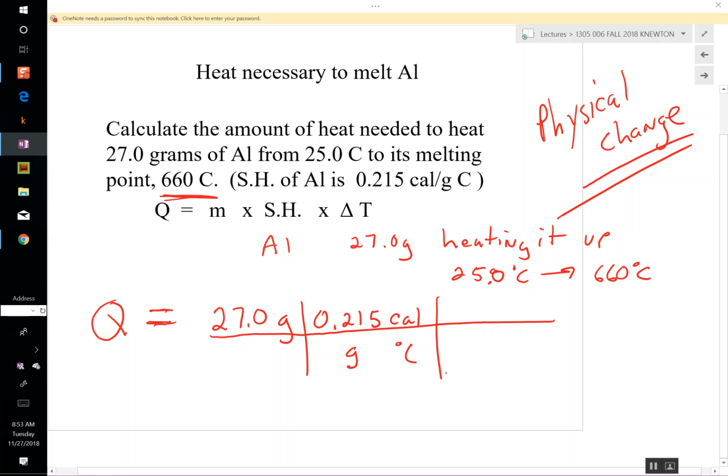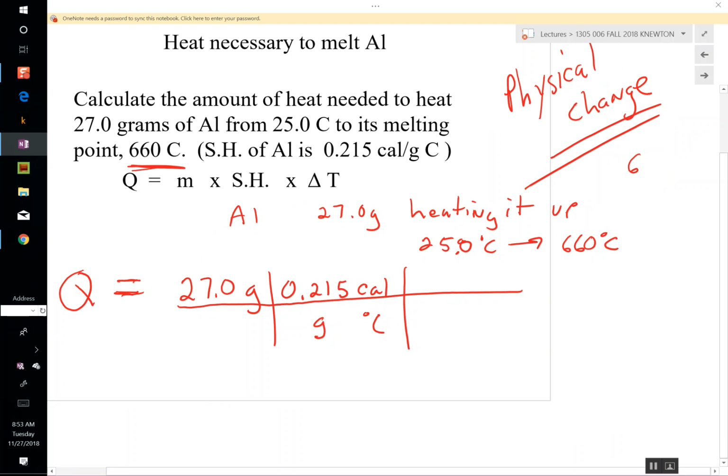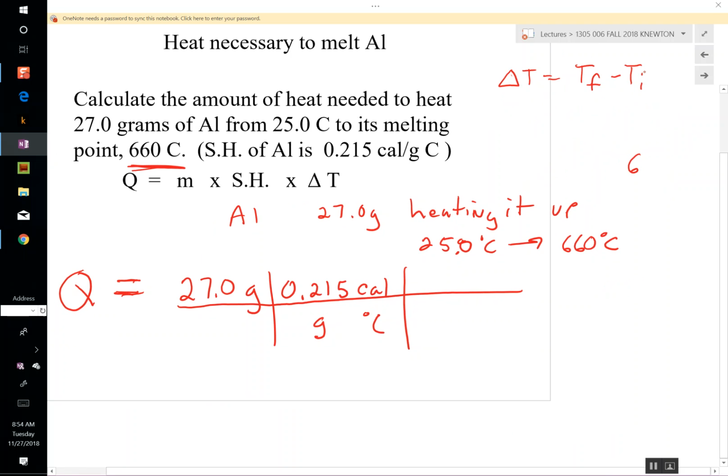And the delta T. Delta T is always the final temperature minus the initial temperature.